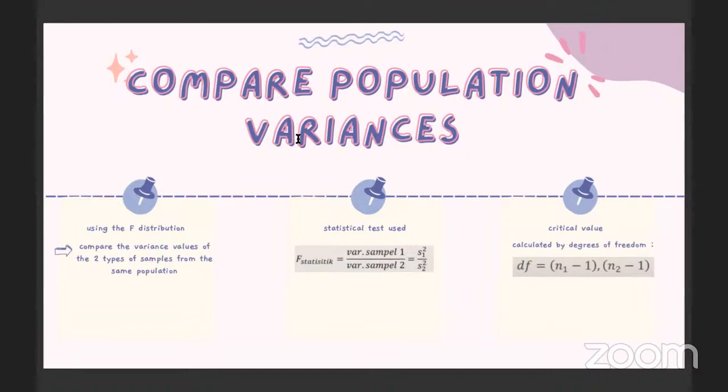Second, the statistical test uses the formula F statistic equals variance of sample 1 divided by variance of sample 2, equals S1 squared divided by S2 squared. The third is the critical value, calculated by degrees of freedom, where the degrees of freedom equal N1 minus 1 and N2 minus 1.